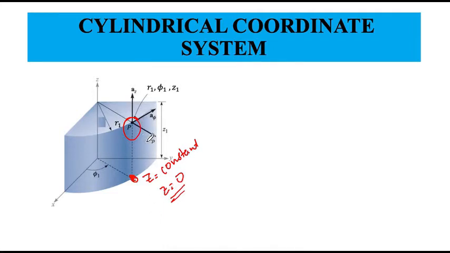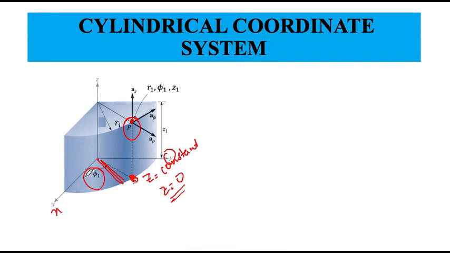Now I also have to specify the angle. So in order to do that, I have to drop this line onto the x and y plane and then measure the angle of the line with respect to the x axis, so as to give you the angle phi.